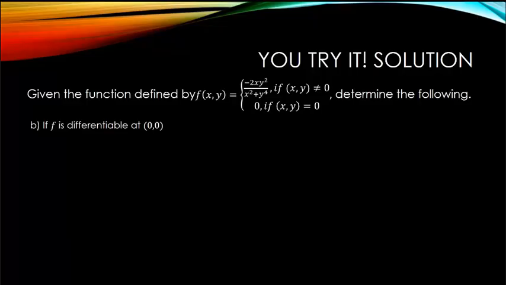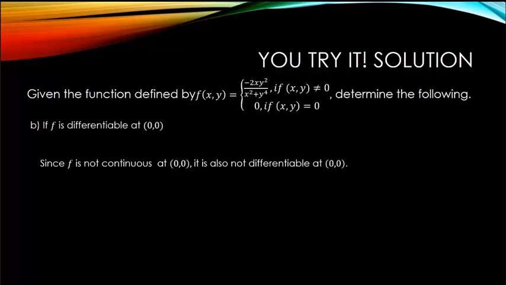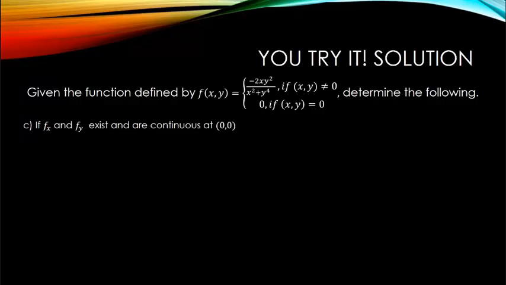Now I want to determine if my function is differentiable at 0, 0, keeping in mind that differentiability implies continuity. Since f is not continuous at 0, 0, it is also not differentiable at 0, 0. Now I want to determine if fx and fy exist and if they are continuous at 0, 0.